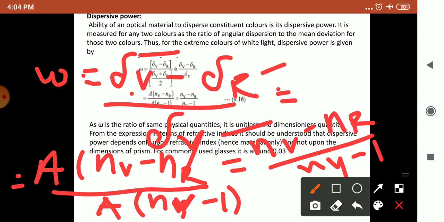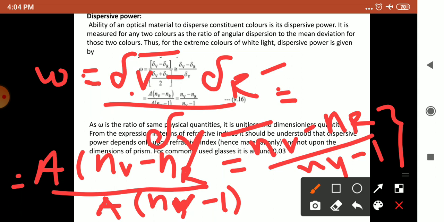So this is dispersive power. Omega is the ratio of the same physical quantities, so it is a unitless and dimensionless quantity.